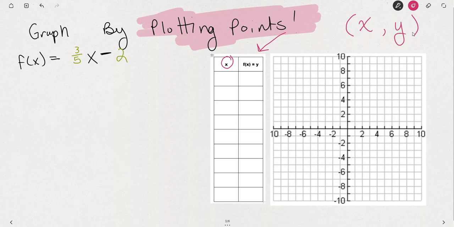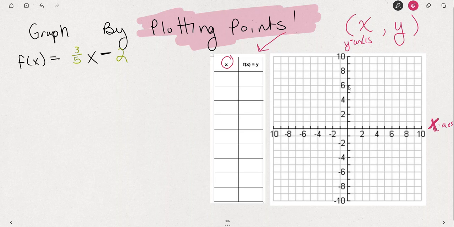When we have an ordered pair, what we're able to do is use this x-axis, and we'll plot our x value on the x-axis, and then we'll have our y-axis. We plot the y value on the y-axis.